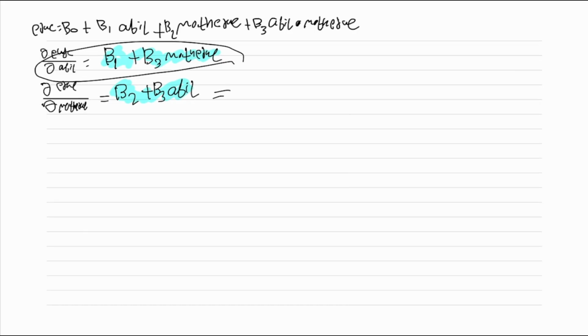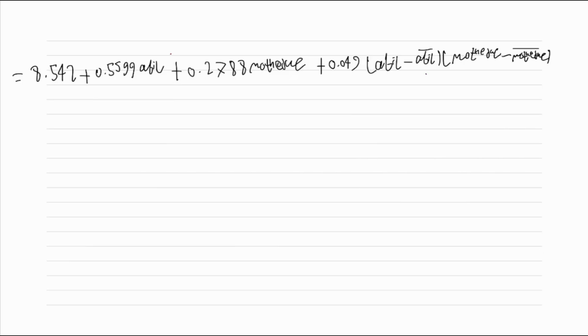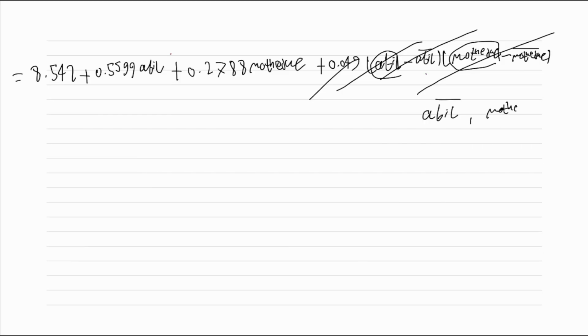And just to conclude things, let's summarize the interpretation. As we can see here, we substitute the average of ability, we substitute the mother education here, this term will disappear. So it's the same as our function. We want to see the slope at the point of average ability and at the point of average mother education.